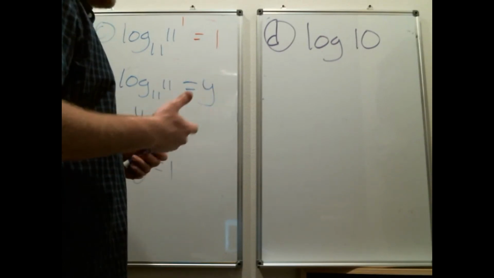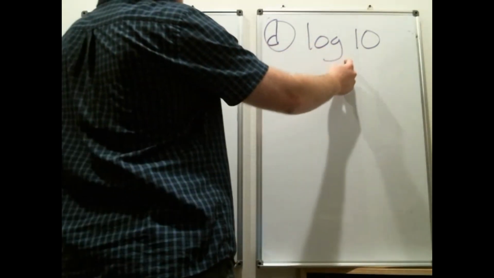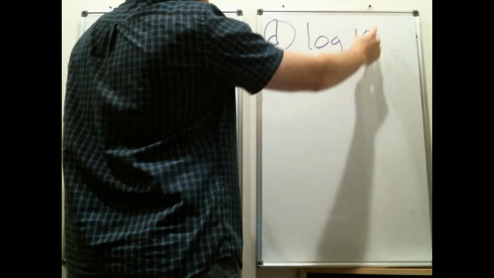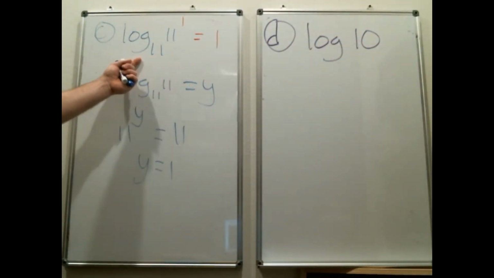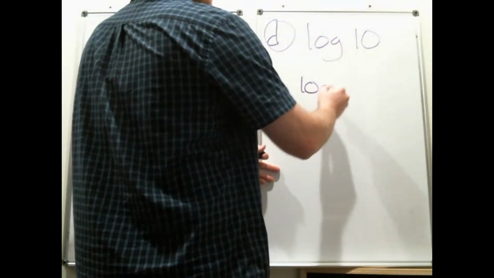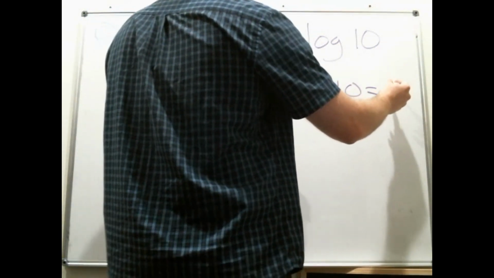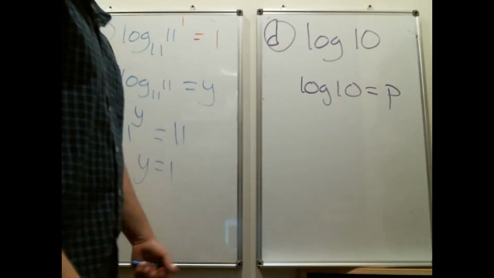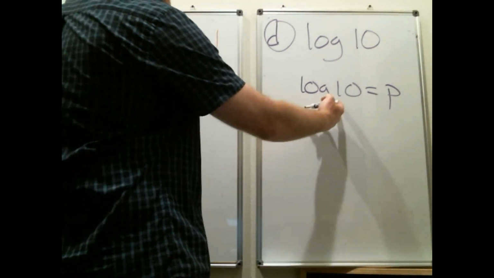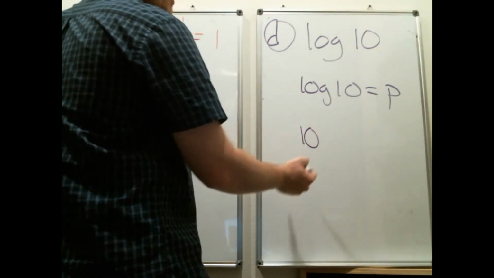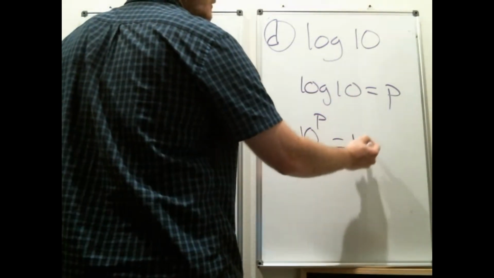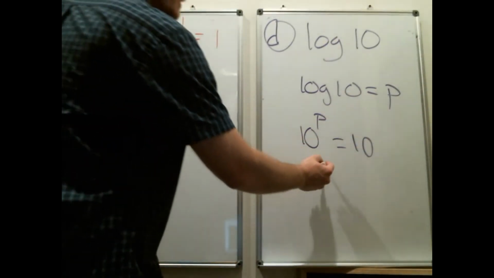And some of you, if you're getting the hang of this, log base 10 of 10 means these 10s cancel each other out, and the answer would be 1, similar to what we just did over here. But let's work it out. Log 10 is equal to, let's call it P, just to change it up. It doesn't really matter what letter. Convert to exponential, so my base here is 10. My exponent is P, and what's left over is this 10. So P has to equal 1.